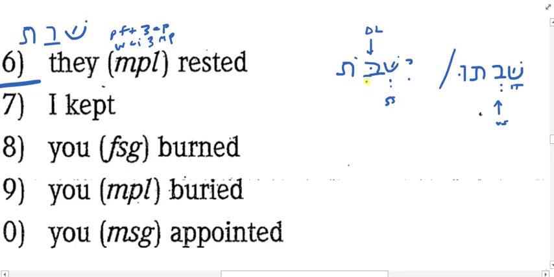So that's the imperfect 3MS. To make it 3MP, which is what I want to do here, I need to add what to the end? I'm going to add a shurik as well, right? Will the holum stay here when I add this vocalic ending?